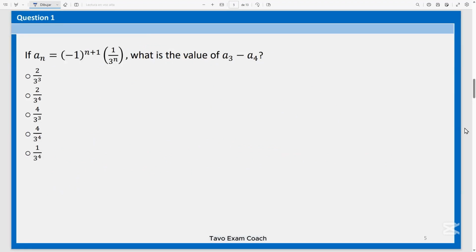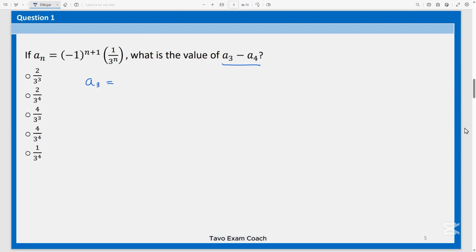If a sub n equals (-1) up to n plus 1 times 1 over 3 up to n, what's the value of a sub 3 minus a sub 4? Well, you can consider here that the difference of these two terms needs to be calculated over two numbers. So we need to determine the values of each of the terms.